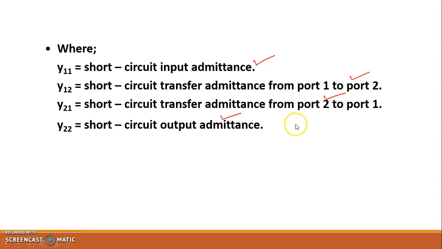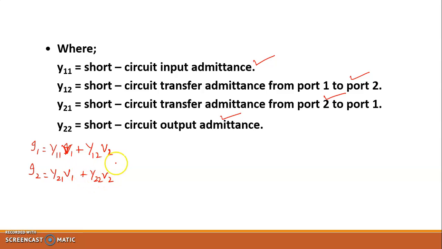And the equivalent circuit representation of the Y parameters: you will have the equations I1 is equal to Y11 V1 plus Y12 V2, and I2 is equal to Y21 V1 plus Y22 V2.